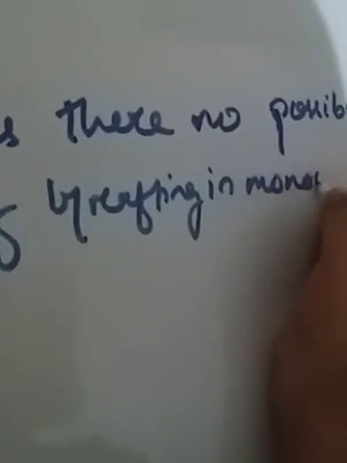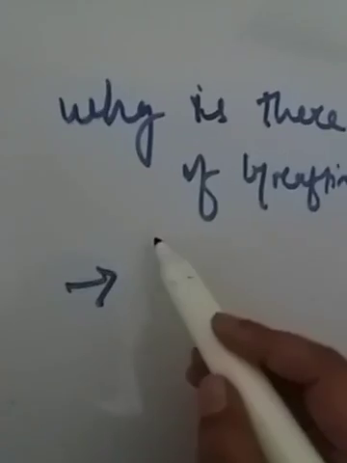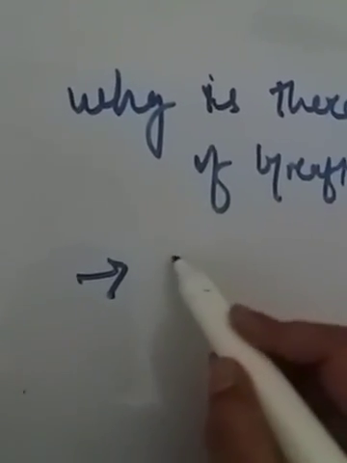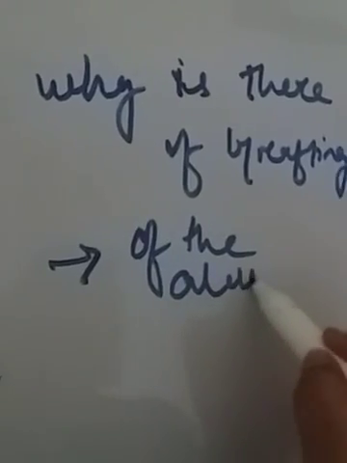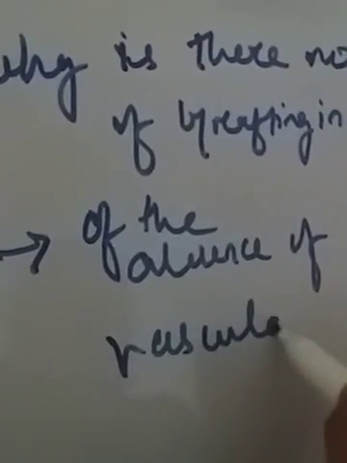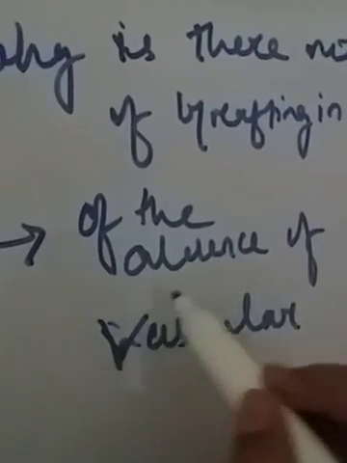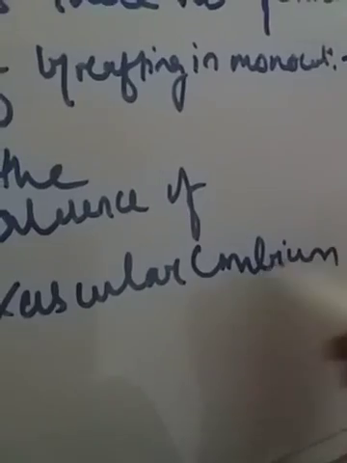Just a one word answer for it. Why? The answer is that in monocots grafting isn't possible because of the absence of vascular cambium. It's just because of the absence of vascular cambium.